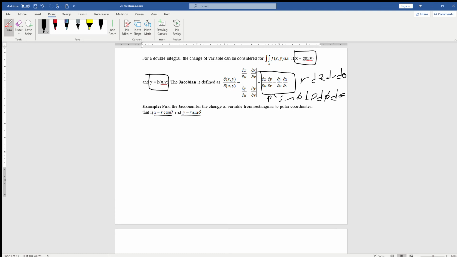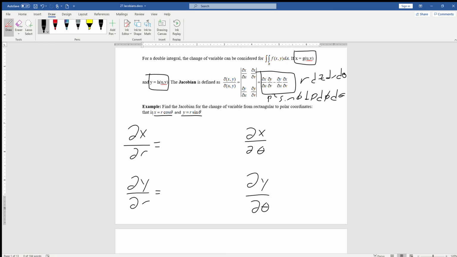So first what we're going to do is start by finding the partial of x with respect to r, the partial of x with respect to theta, the partial of y with respect to r, and then the partial of y with respect to theta. All of those are extremely easy.